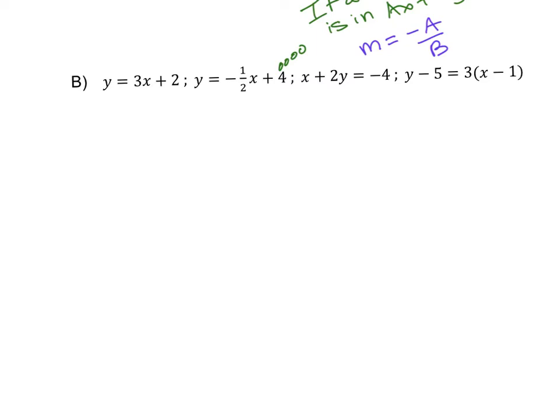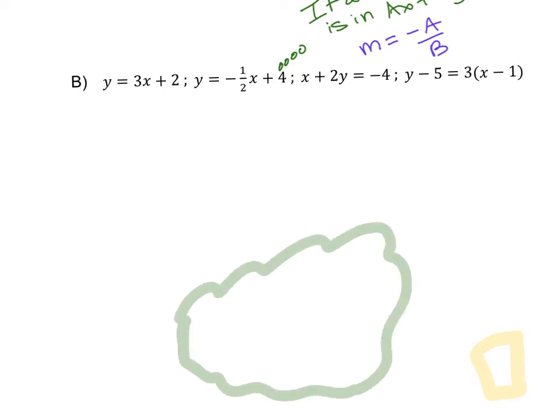The reason I'm doing this is to demonstrate that if you're good at memorizing things, by understanding why the slope is really -a over b, you can simply remember that if it's in standard form, the slope of a line is always going to be the opposite of a divided by b, or -a over b.